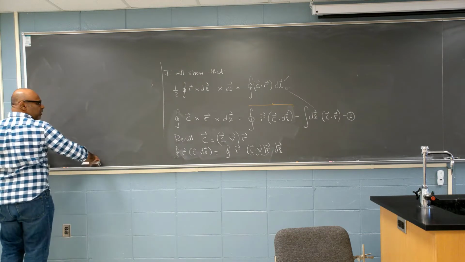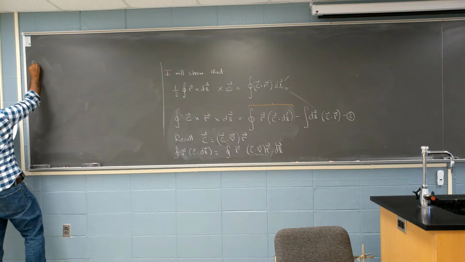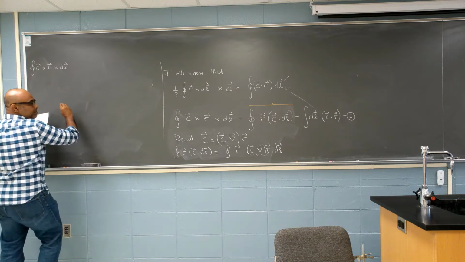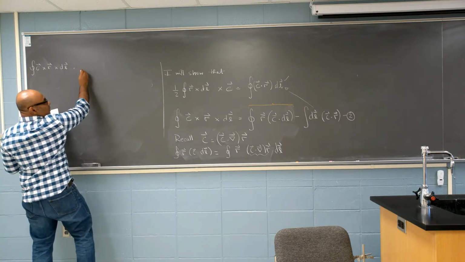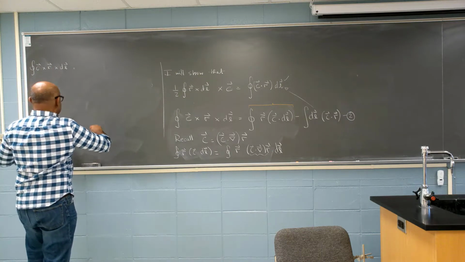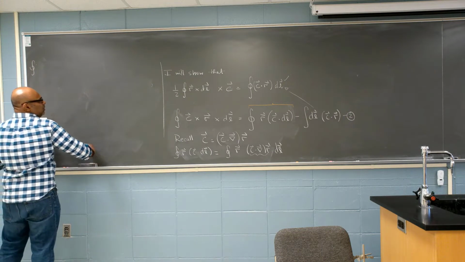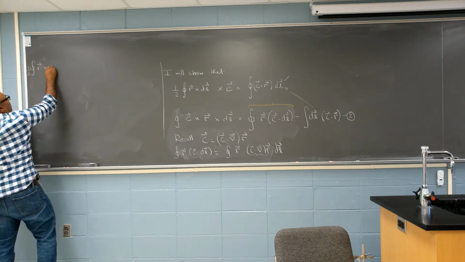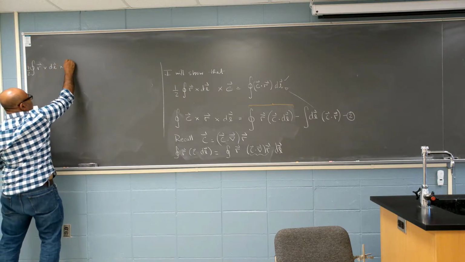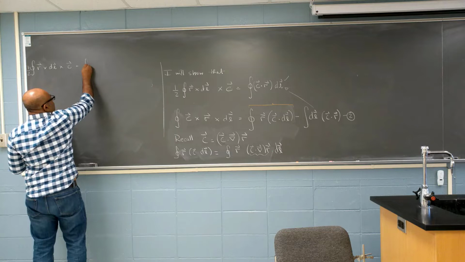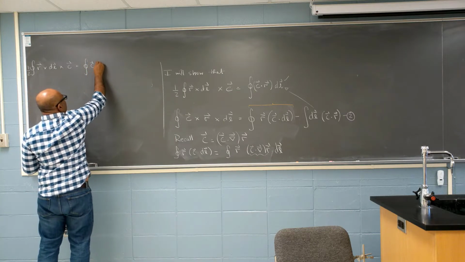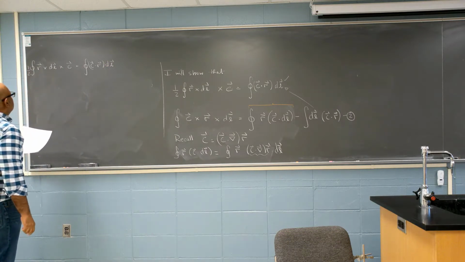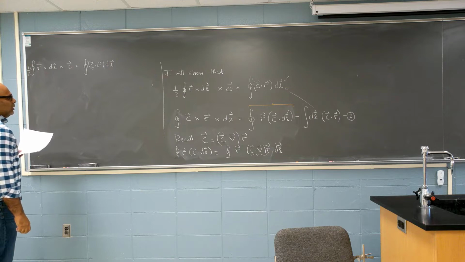So at the very top, I'm going to write the goal. (1/2) R cross dl cross C is equal to C dot R dl, and what we have shown is equation 2.